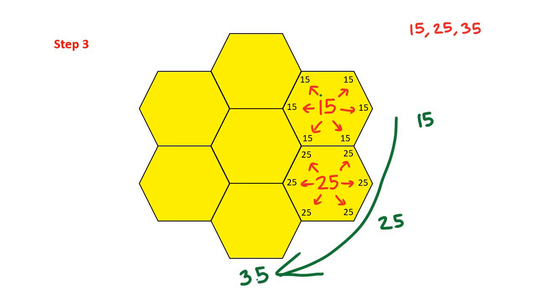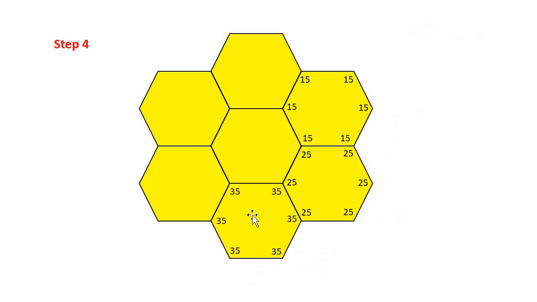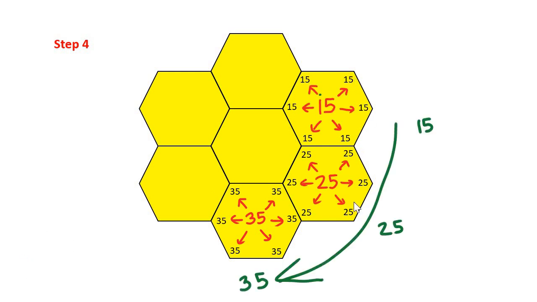So let's make this. You see, this is the 35 block. Okay, so let's make the 35 at all the various edges like this. Okay, so this is how the picture looks.